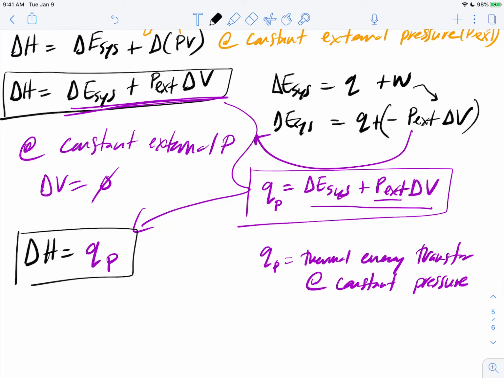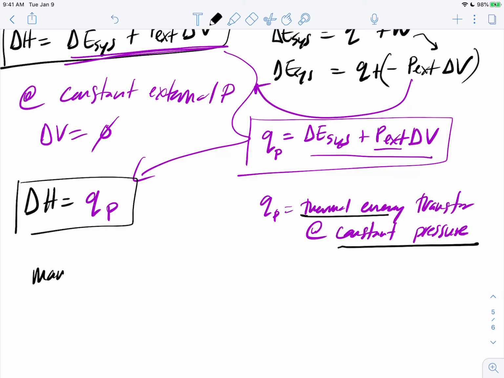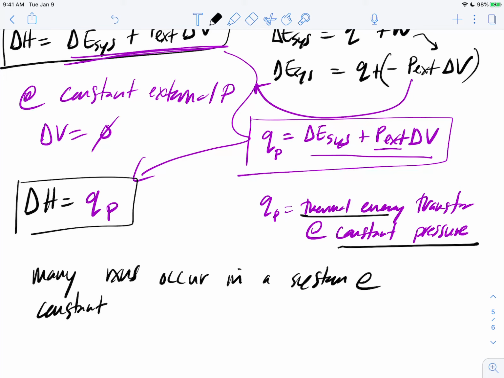Enthalpy can be many things, but in the case in which we have a constant external pressure where there can be no volume change, then the enthalpy is equal to thermal energy transferred at constant pressure. Okay, so many reactions occur in a system at a constant pressure with delta V equaling 0.